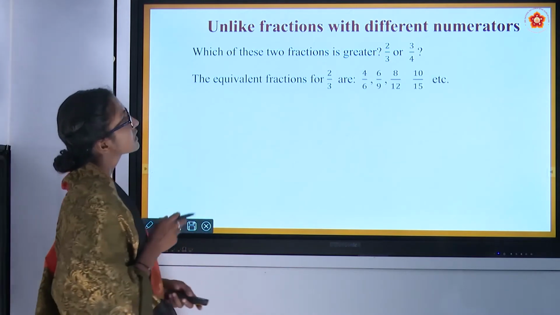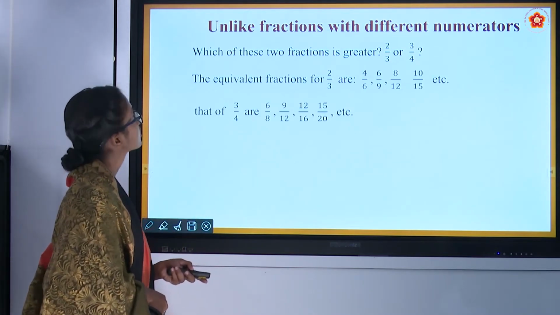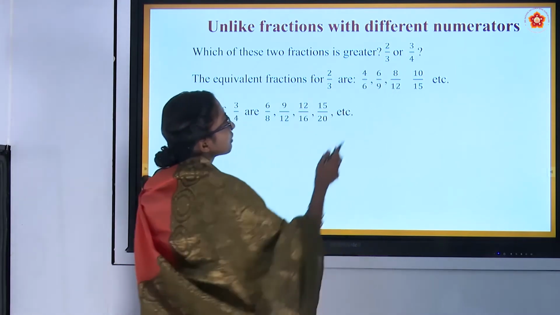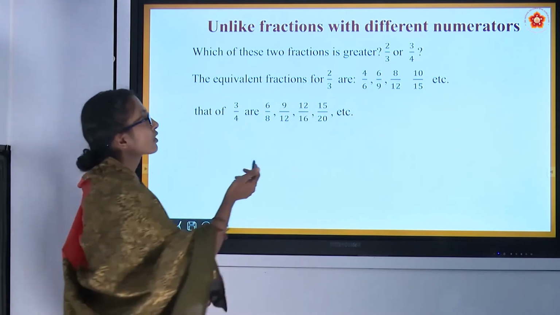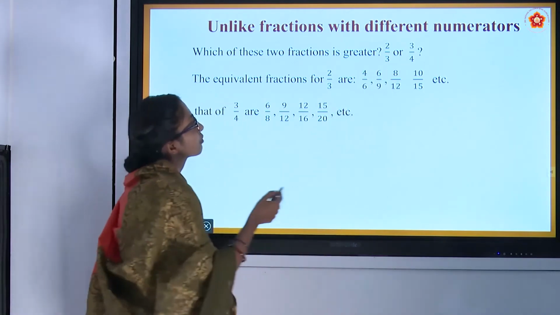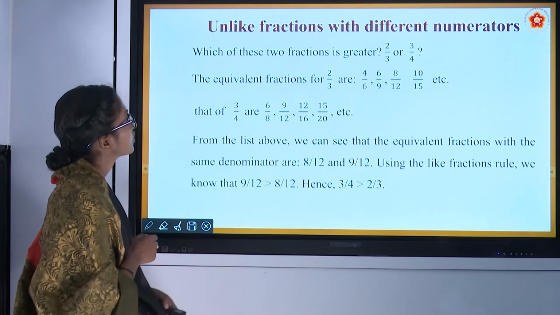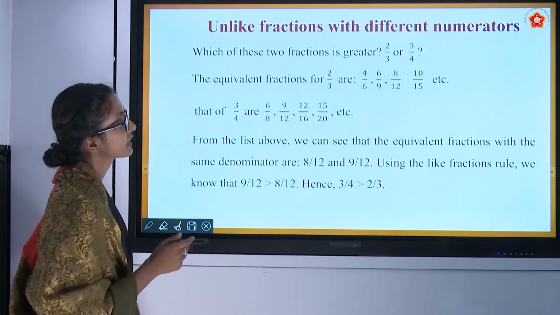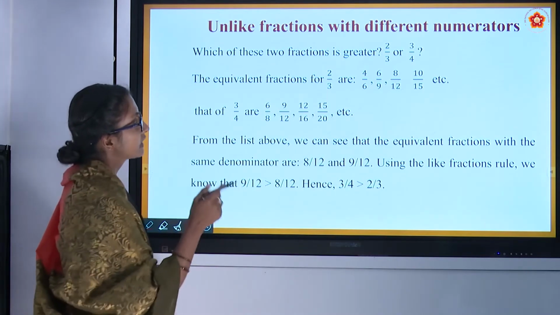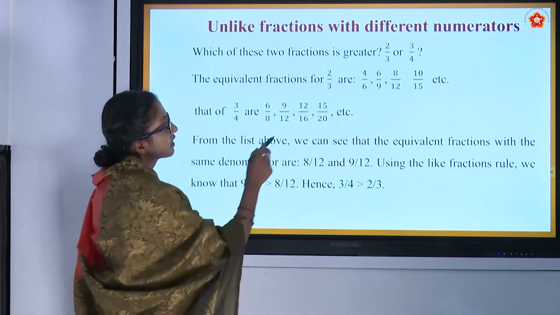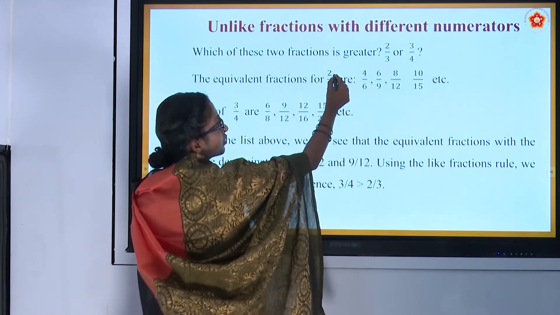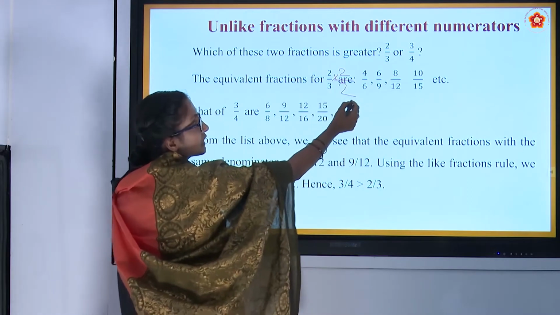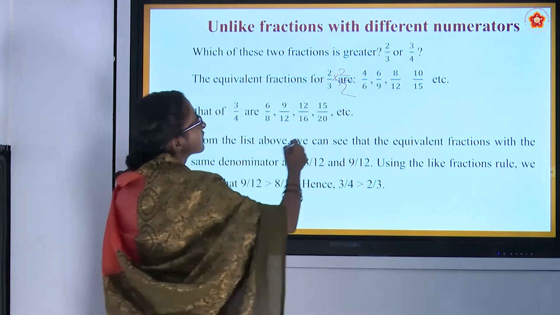So, unlike fractions with different numerators. Here you can see 2 by 3 and 3 by 4. Both are unlike fractions because they have different denominators. The equivalent fractions for 2 by 3 are 4 by 6, 6 by 9, 8 by 12 and 10 by 15. That is, if you multiply numerator and denominator by 2: 2 2s are 4, 3 2s are 6, 4 by 6.